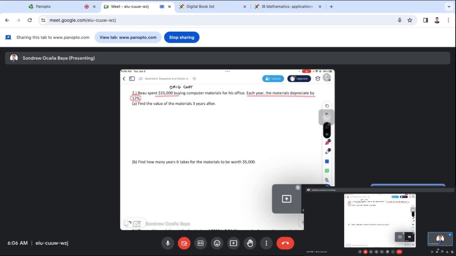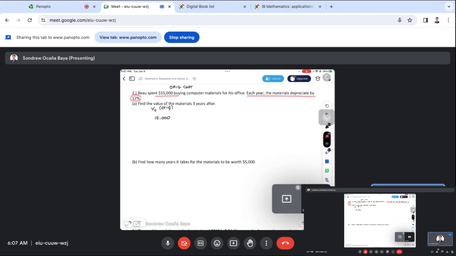So if we try to label it properly, 15,000 is the cost of the computer material, not on the first year, because take note, it's the original, but rather it's in year zero. Let me use y for year and then the subscript as the number of years. So at year zero is your original, meaning at the beginning, when time has not started to change yet. At year zero, the cost is 15,000.